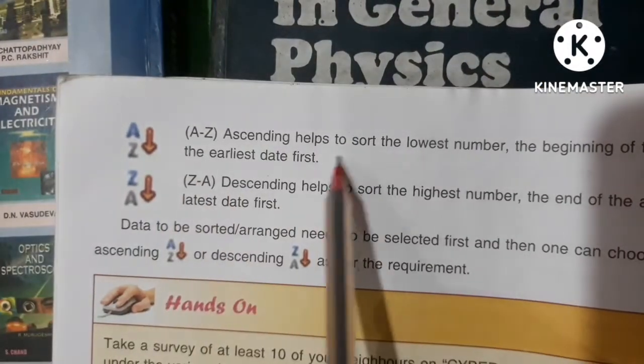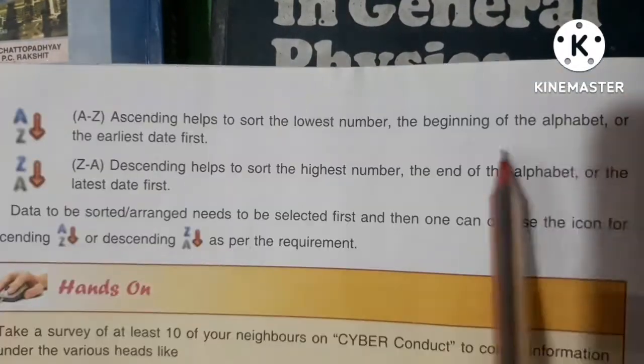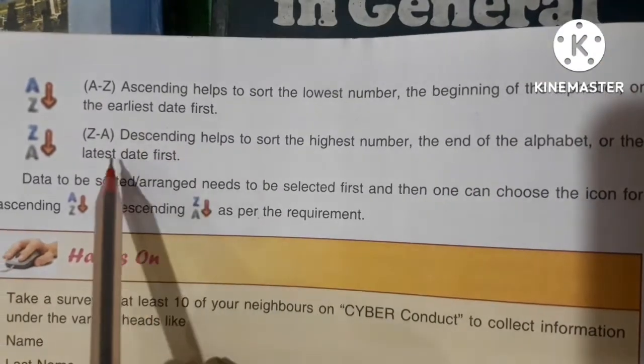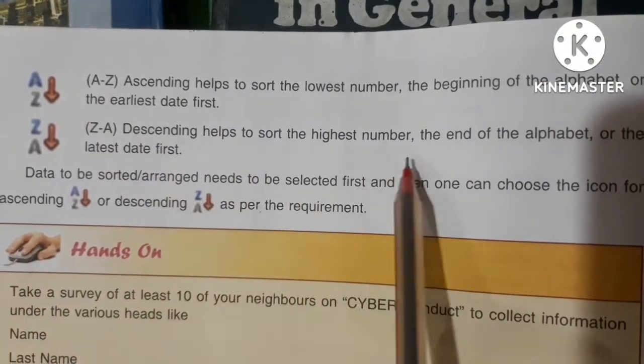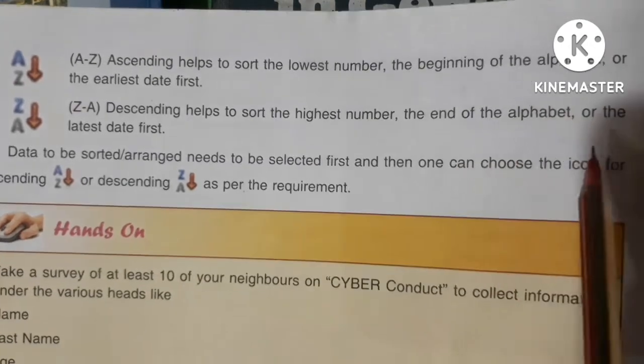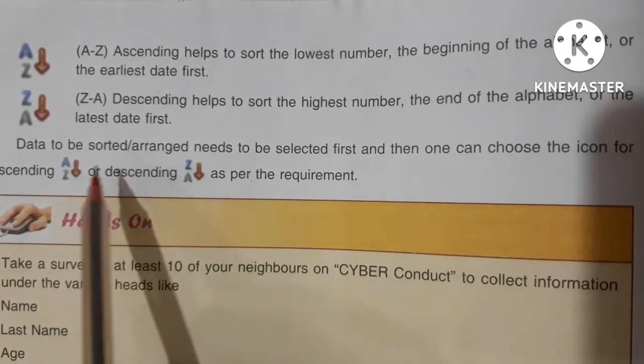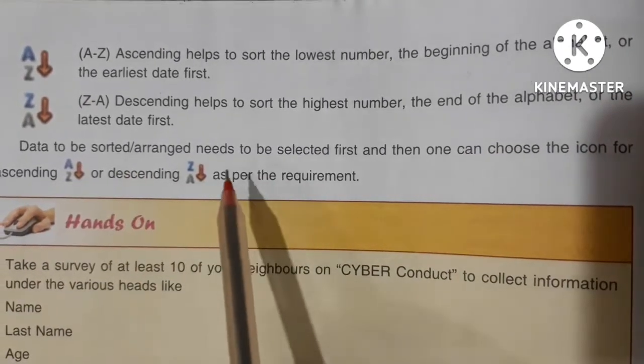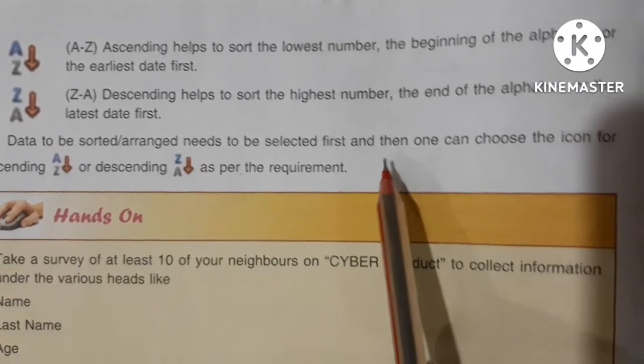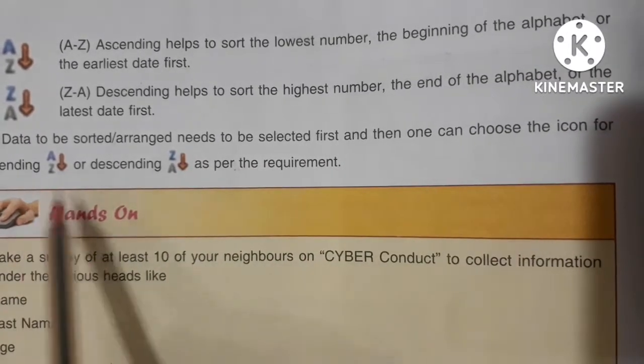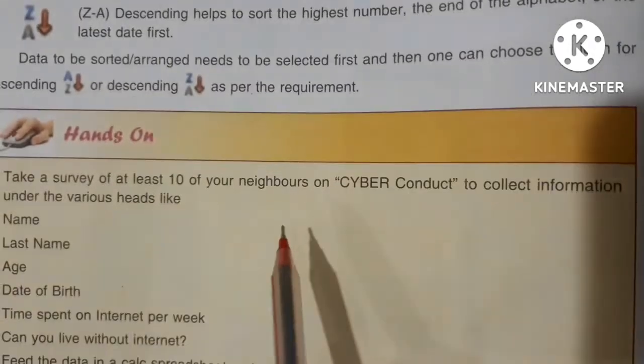A-Z ascending helps to sort the lowest number, the beginning of the alphabet or the earliest date first. Z-A descending helps to sort the highest number, the end of the alphabet or the latest date first. Data to be sorted needs to be selected first, and then one can choose the ascending or descending icon as per the requirement.